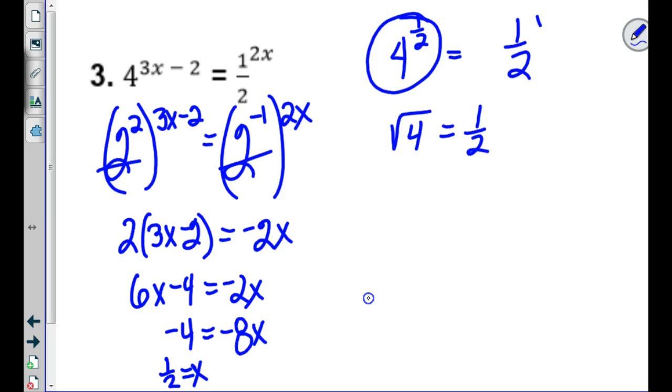It's not true. So what did I do wrong? Oh, wait a minute. 3/2 minus 2 was negative 1/2. My bad. So this should have been 1 over the square root of 4. Is that true? Yeah. That's what I get for trying to check it. We had the answer right at least.